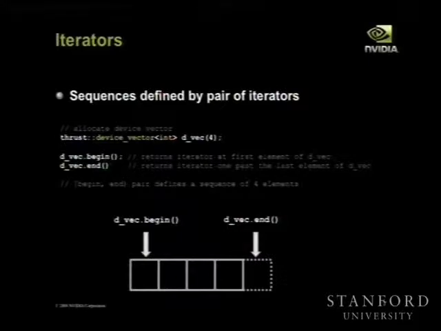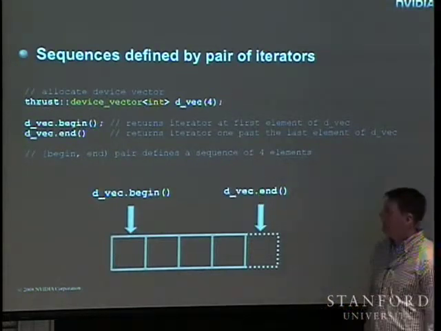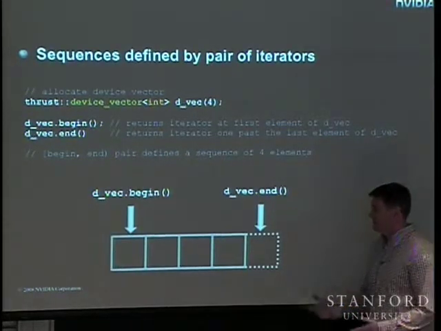Okay, so the things returned by dvec begin and dvec end are, in C++ terminology, iterators. So you can think of them kind of like pointers, and basically a device vector iterator is a pointer, but it also tracks some additional information. It knows where it lives. It knows it lives on the device. And likewise, if it's a host vector iterator, Thrust knows that it lives on the host.